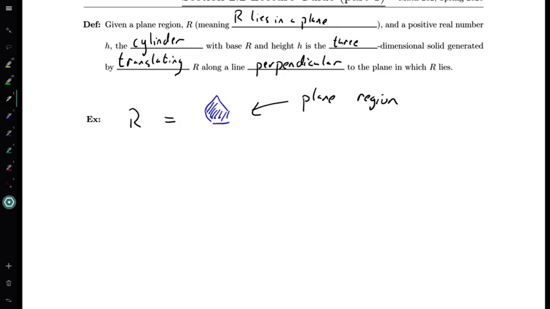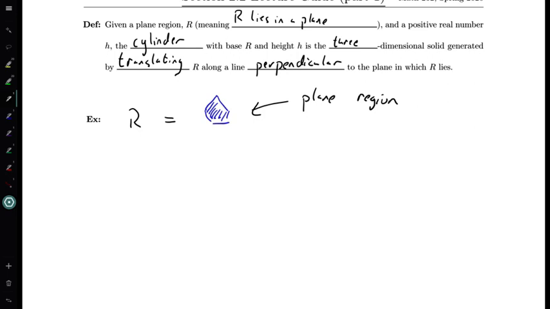So R here is some plane region, and we can form the cylinder with base R and height h by translating R along a line perpendicular to the plane. That line would be the one that comes straight out of the computer screen towards my face.